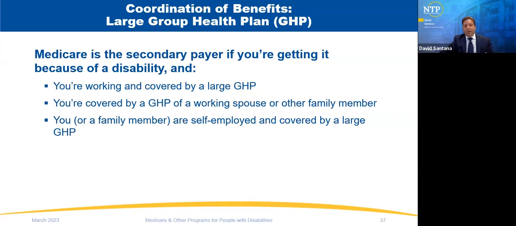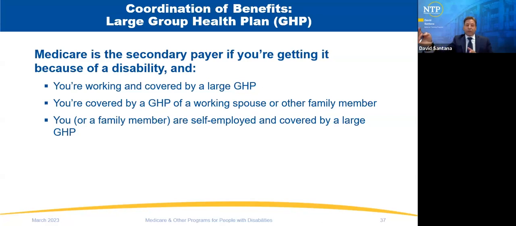However, what is different is that if you are getting health insurance as a family member other than the spouse, then that's where we look at the size of the employer. If the employer has more than 100 employees, that disabled individual covered as a family member other than a spouse qualifies for a special enrollment period.